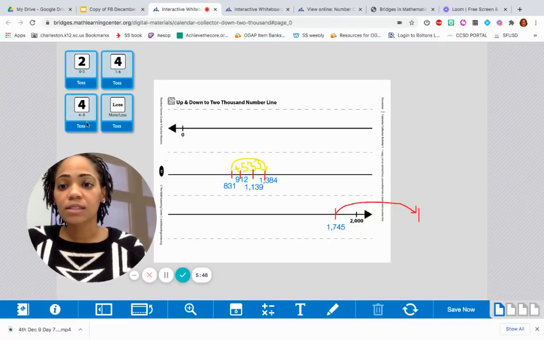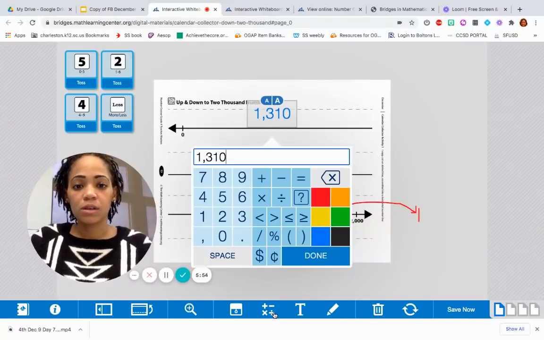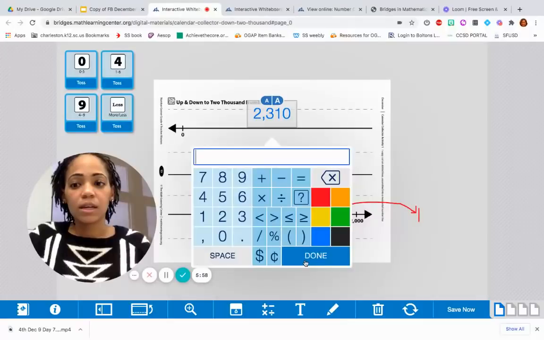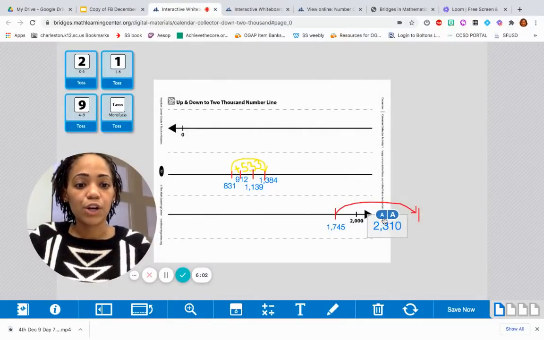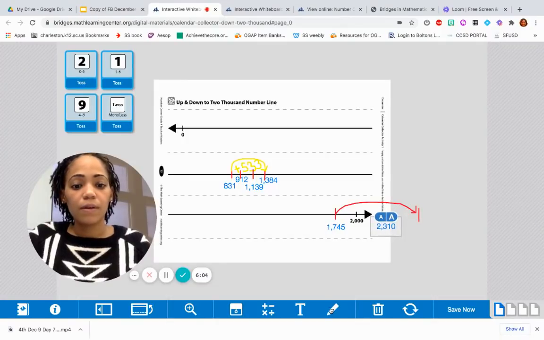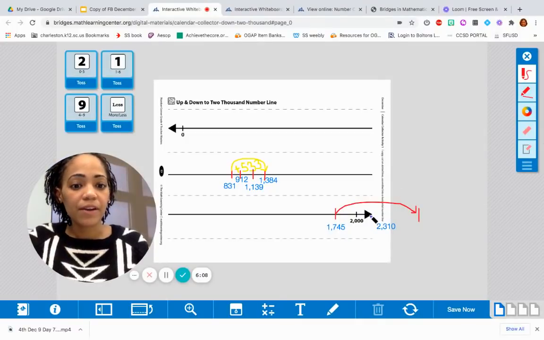So we're going to toss, toss, toss, and I am going to add the number that we ended up with yesterday, which would be somewhere around here. All right, so we got a 2, a 1, and a 9. Go ahead and figure out or think to yourself, what number would we like to make?